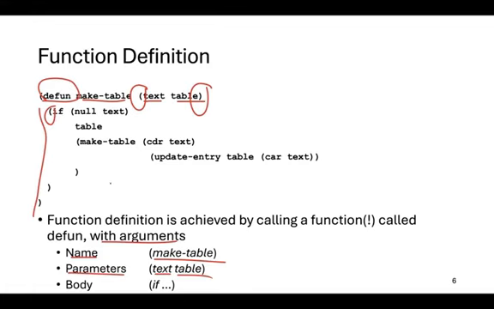One thing to notice about the make table function is that we are calling the function again inside the function definition. So this is a recursive function, and we're going to talk about this in more detail, but I want to bring your attention that recursion is allowed in Lisp, and it is used extensively to perform operations like iterations in other languages.